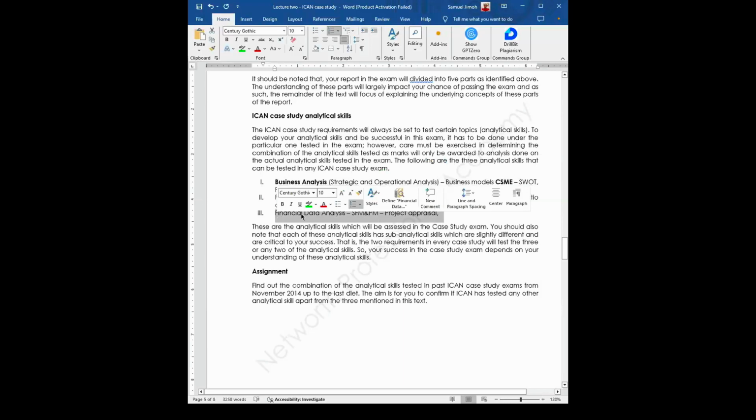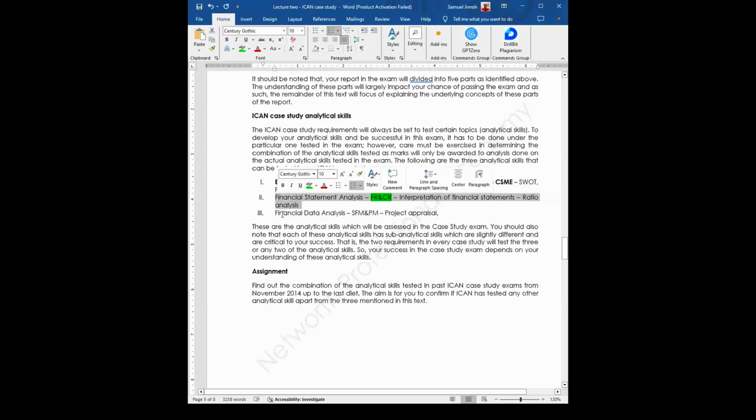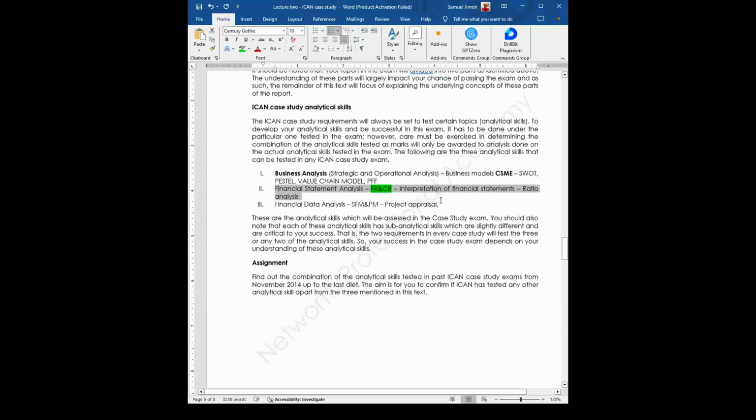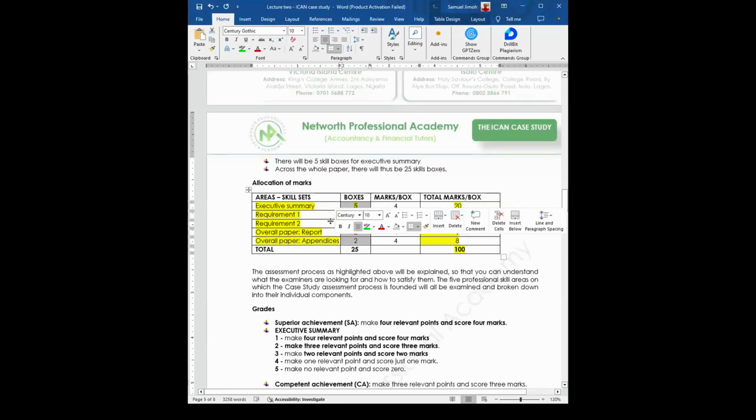If you mistakenly misinterpret one of the two requirements, let's assume you are asked to do one and two, but you interpret two as three and you solve three instead of two, then you do financial data analysis. Instead of getting marks for the second requirement, you only get marks for the one you did correctly, because three is like your own question that you solved, not the one actually given.